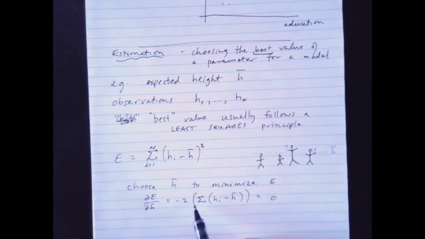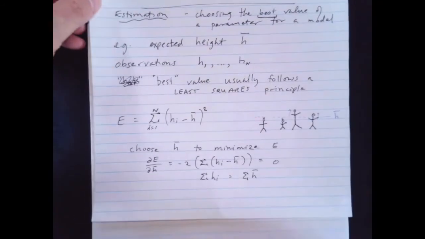So we've got this expression equals 0, so we can divide out the minus 2. Then we have the sum of hi equals the sum of h bar.